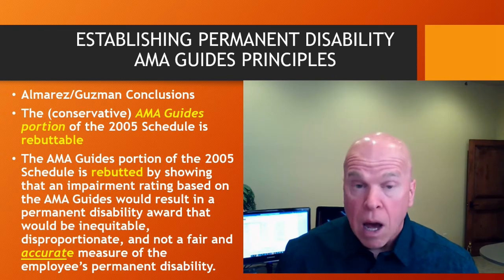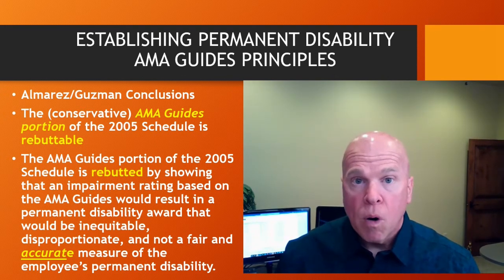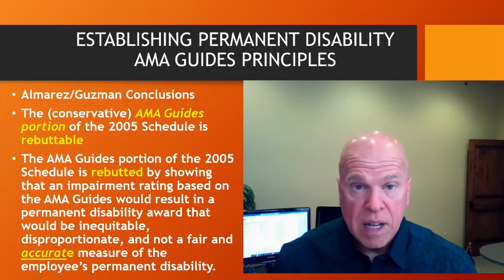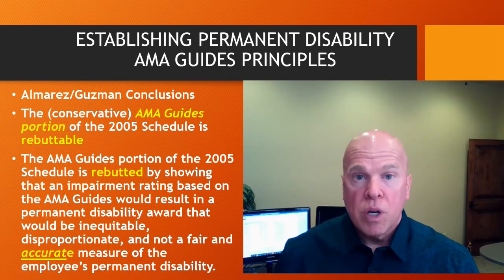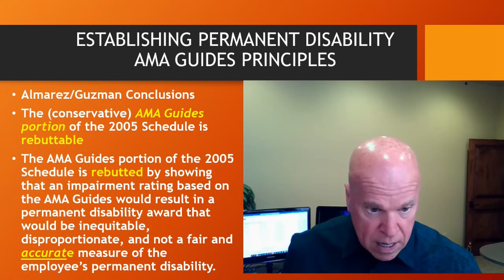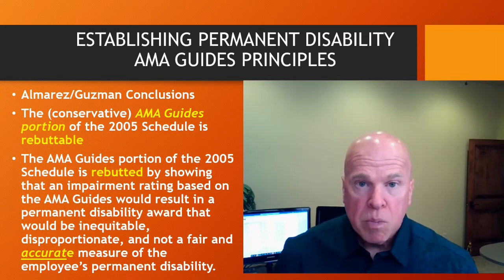So this gives you your formula for how to provide for impairment ratings outside of the conservative and strict application of the AMA guides: explain how that conservative impairment rating is not an accurate measure of the employee's permanent disability.